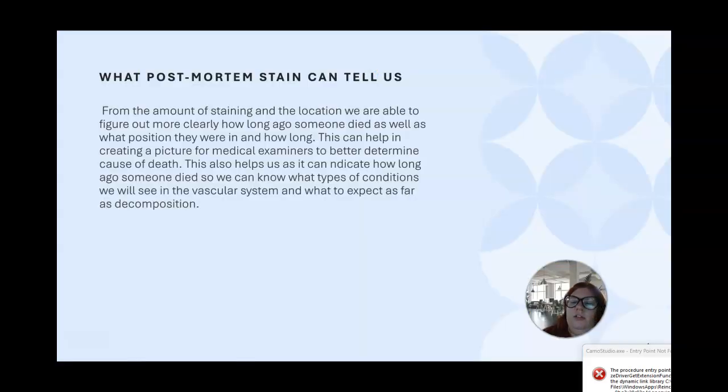So what this tells us and what this can help us with as embalmers and as medical examiners is it gives us a wide picture of how long this person was gone before they was found, and also what position they were in when they died. So this can give us a lot of clues as to what kind of issues we're going to see, what the vascular system is going to look like, what kind of decomp situation you're going to be looking at, and knowing how long somebody may have been passed away before they were found.